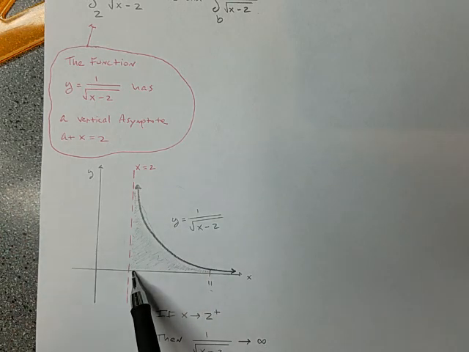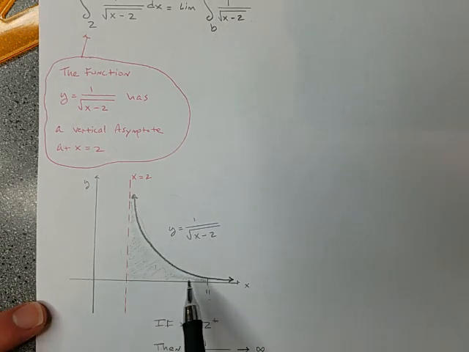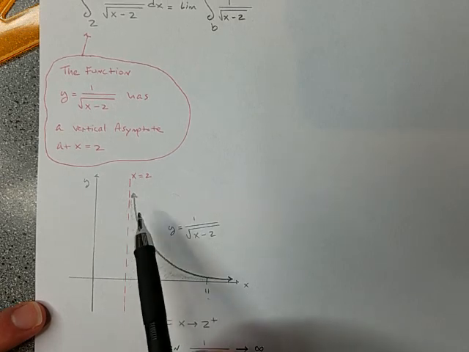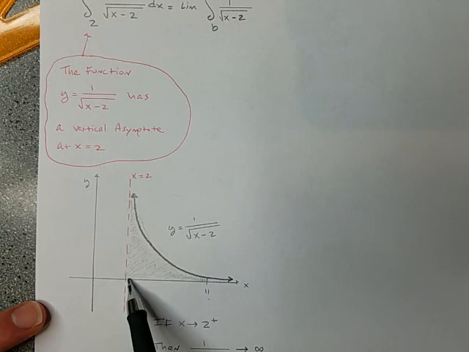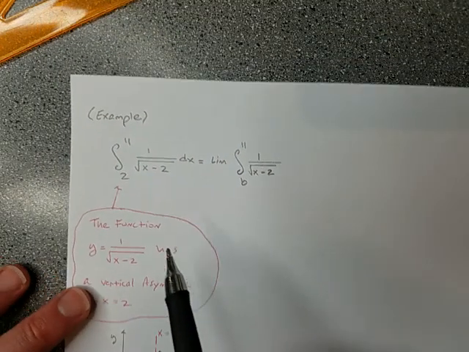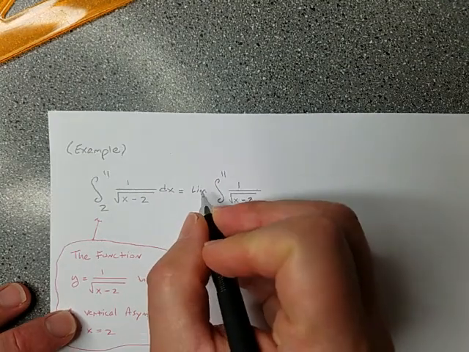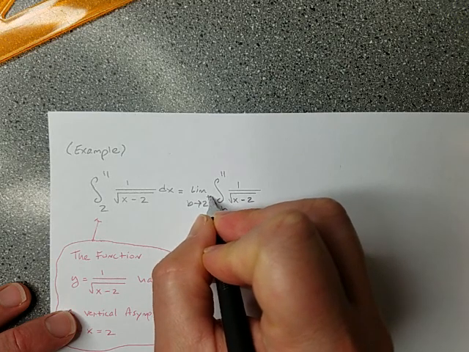You could get a pretty good idea of how much area was here if you measured the integral from 2.1 to 11 or 2.01 to 11. You get the idea? Take a number just slightly to the right of 2 and measure the area from there to 11. So here's what we want to do with the 2: we want to replace it with b, and we want to have the limit as b goes to 2 from the right.